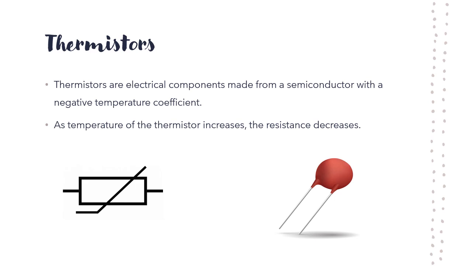And you know, the cutest place where we have thermistors is the incubators for the babies. If you go to the neonatal unit, there the babies who have been prematurely born need the right amount of heat.